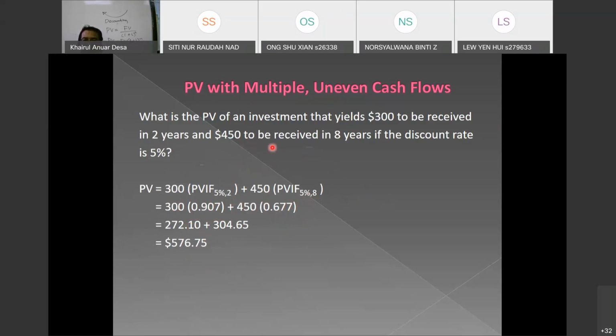This is the annual interest rate. Try to do the calculation here, or you can use the formula. Using the formula works, and using the table works. 1.05 to the power of 2, and 1.05 to the power of 8. Both give the same answer.